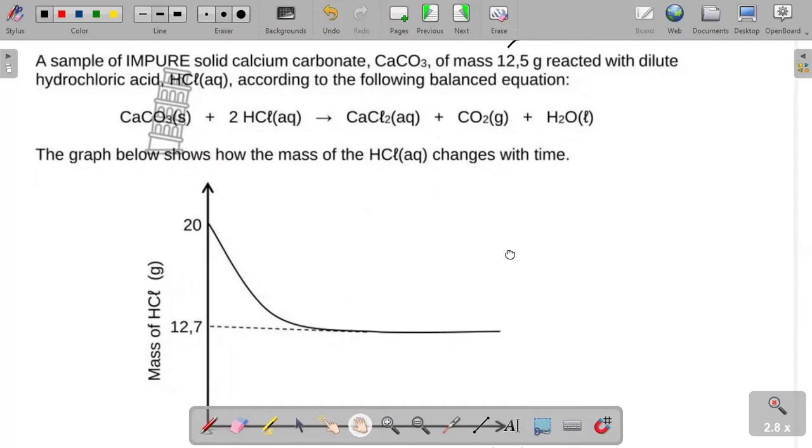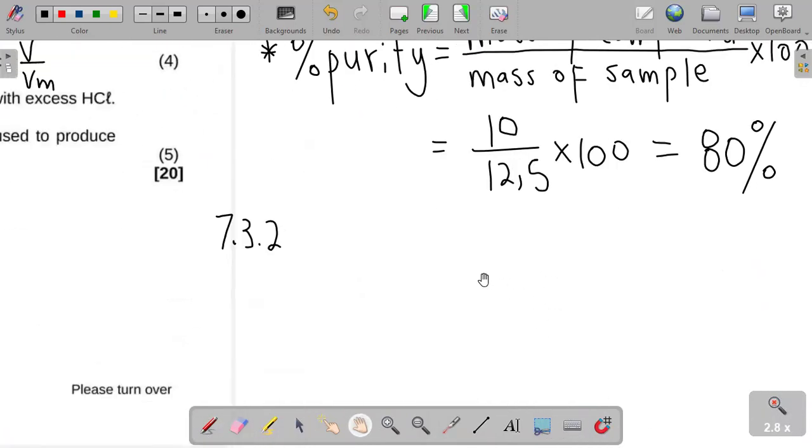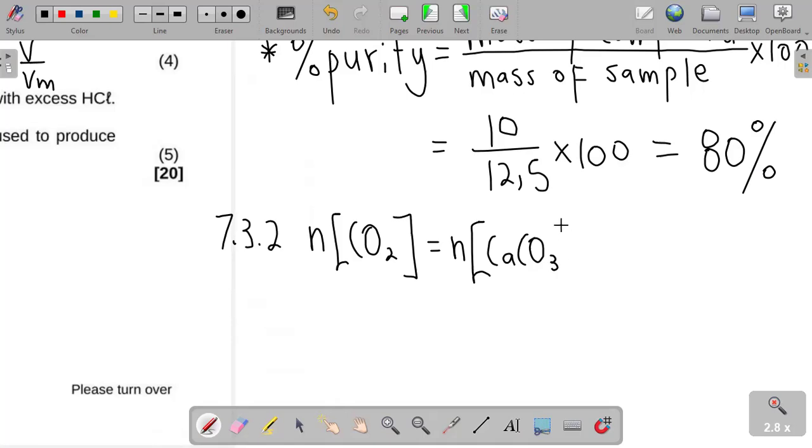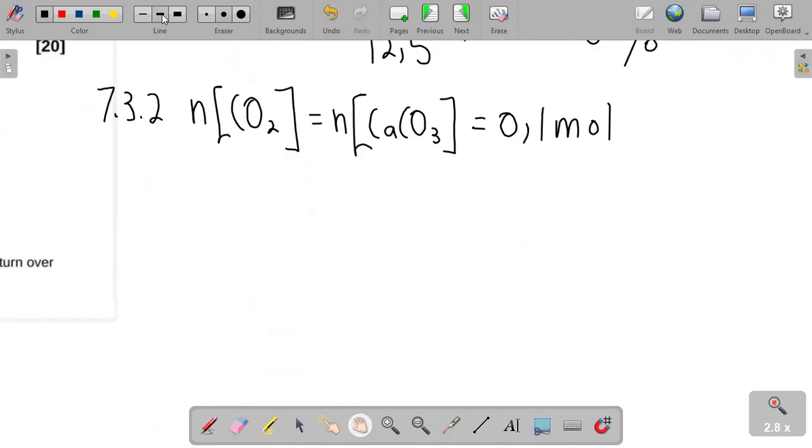So now the number of moles for carbon dioxide will be equal to the number of moles for calcium carbonate. So then it will be equal to 0.1 moles. Why? The reason is these two things have a 1:1 ratio. So the number of moles that we found here will be equal to the number of moles that we found.